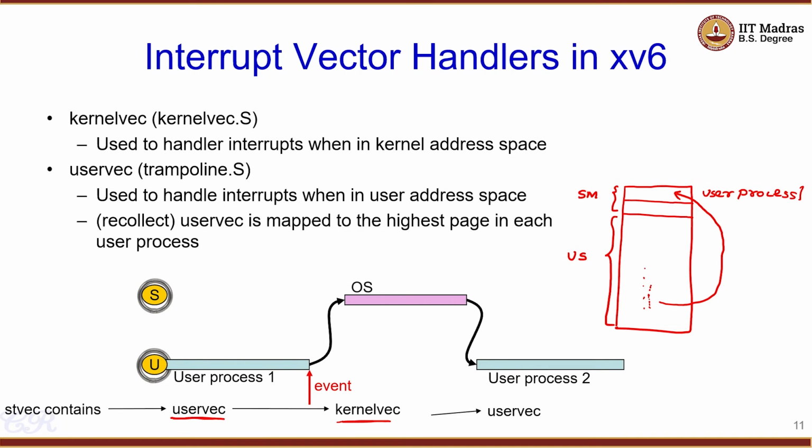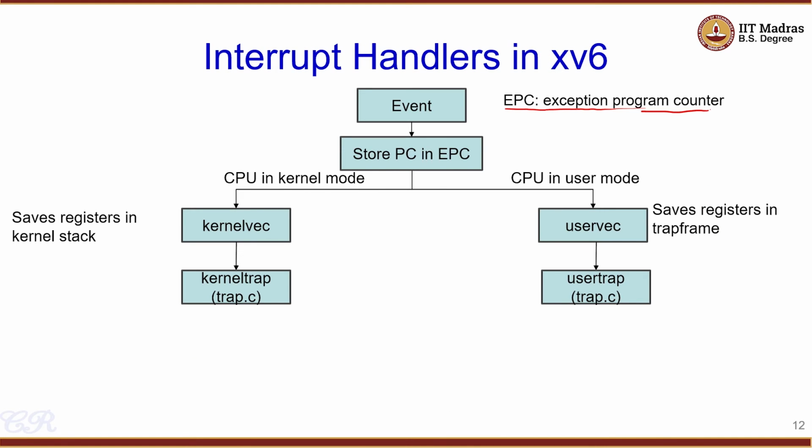On the other hand, if the kernel is already executing, for example, performing scheduling or executing a device driver, then the Stvec is configured to point to the kernel vec, so it would cause the kernel vec function to be executed. Consequently, the kernel vec would invoke kernel trap, while the user vec would invoke user trap.